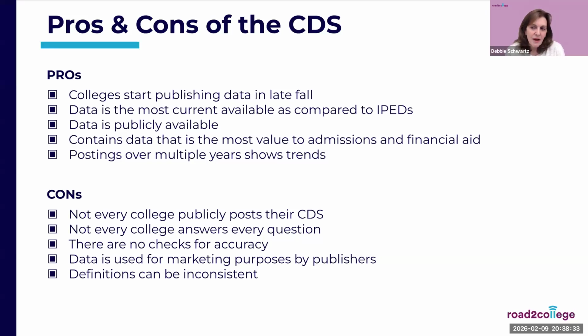Some of the cons about the Common Data Set, I would say not every college publicly posts it. Every college actually shares their data with Peterson's, so that is one advantage of a business being able to license the data. You do get the Common Data Set from all the colleges, even if a college doesn't post it publicly.